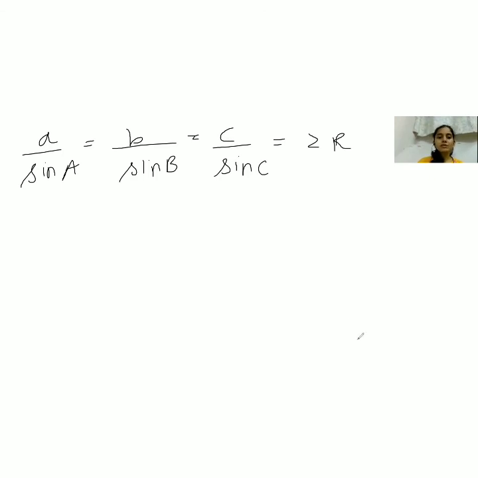Sine rule can be written in multiple ways. I will just specify those ways. This is the basic way of writing the sine rule.